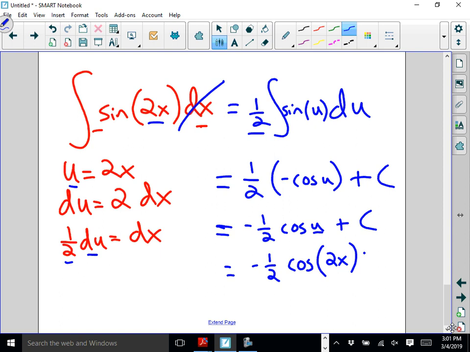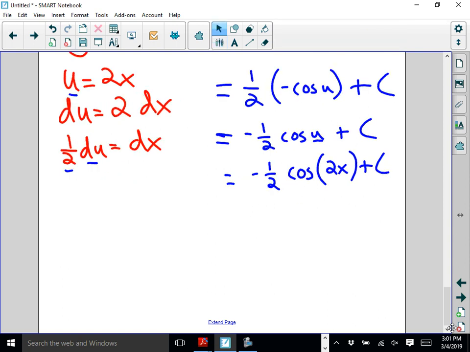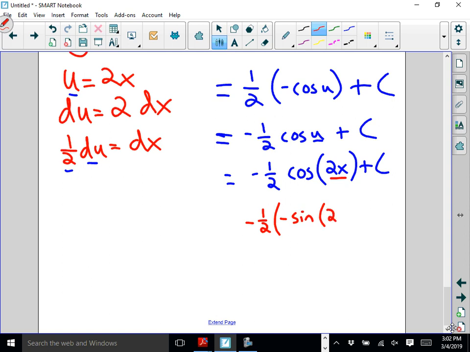Now again, if I do the derivative of this thing, what do I get? Well, the derivative of negative half cosine of 2x, right? This is a chain rule, so it's going to be negative half, the derivative of cosine is negative sine of 2x, times 2.